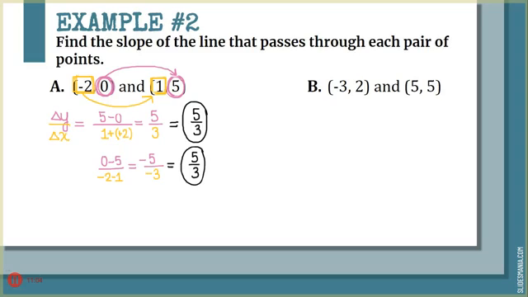So if we look at example B, we're going to start always, the change in y goes in the numerator. So if I'm looking at my change in y, I'm asking how are my y values changing, which means I'm going to be subtracting my y values. So I'm going to start with 5, which means I'm going to take 5 minus 2. So we have 5 minus 2, which gives me 3.